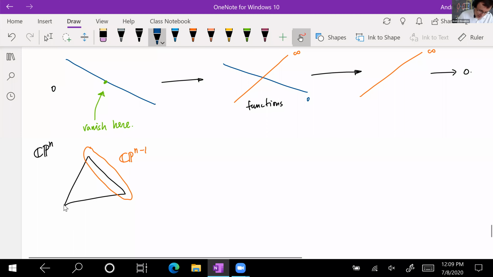And here I have some point, maybe we call it 0, and the weights of the normal bundle are, maybe I'll write them as a_i over a_0. These are the weights of the normal bundle.